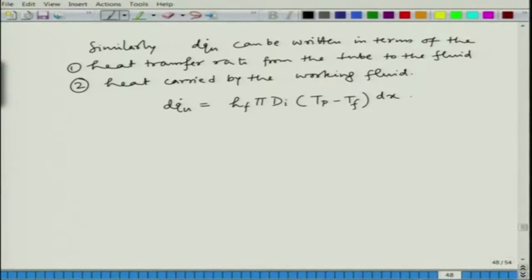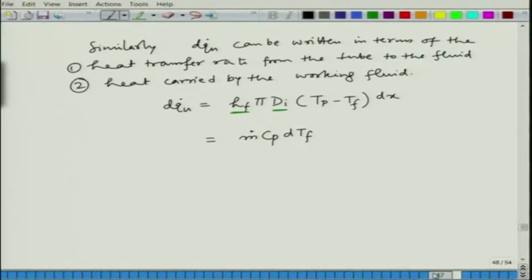Here di is the inner diameter of the tube, and Hf is the heat transfer coefficient for the fluid inside the tube. Okay. And the same thing we can write in terms of the increase in temperature of the fluid flow, so m dot Cp dTf, that also we can write.